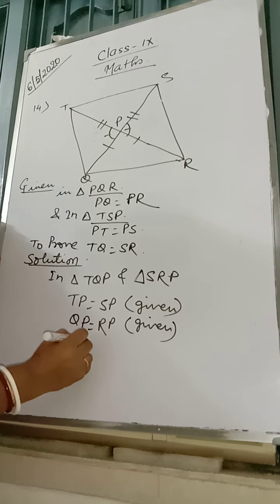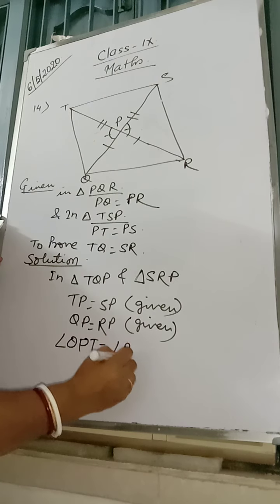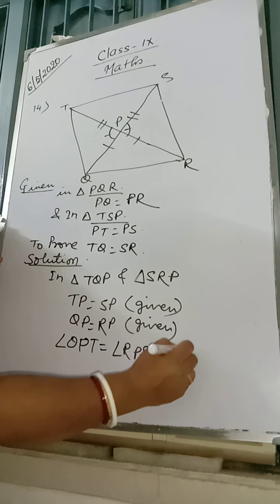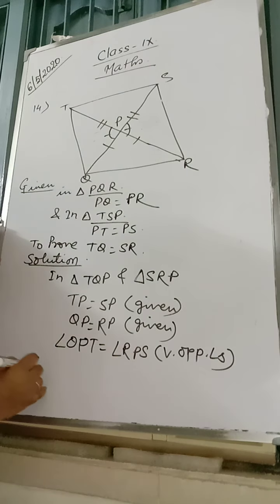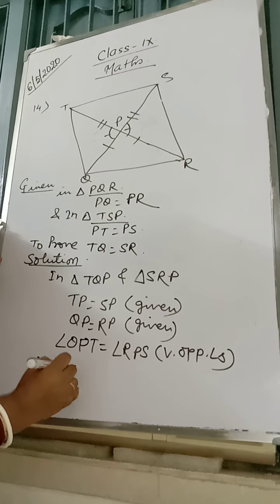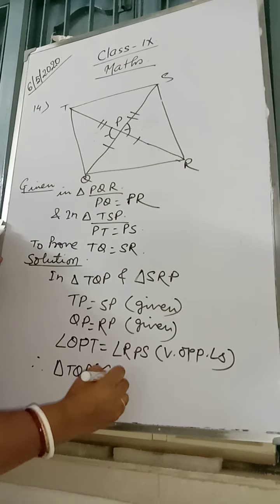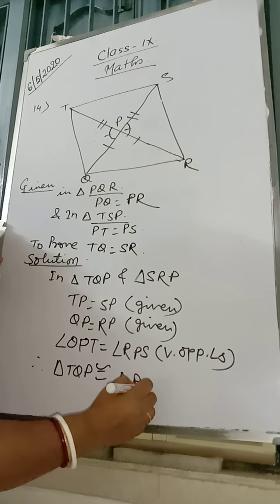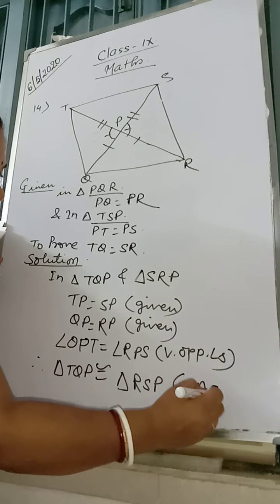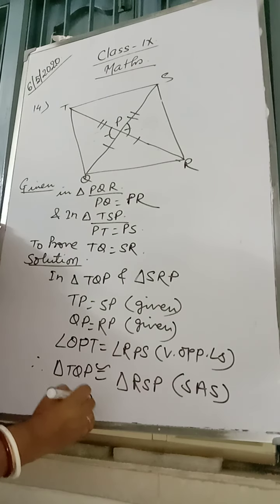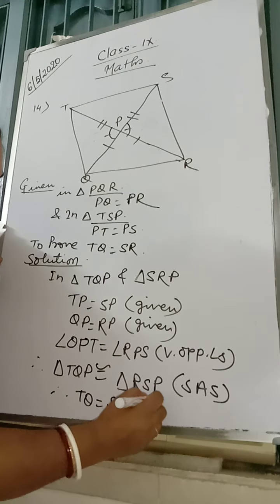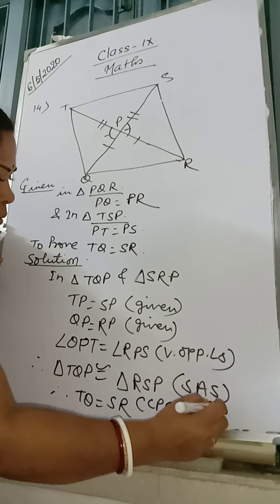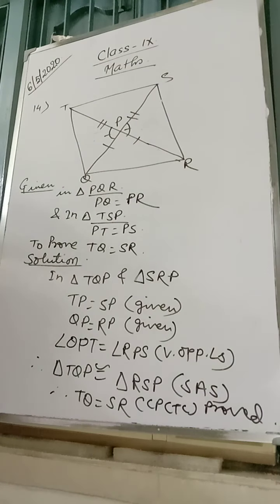Angle QPT is equal to angle RPS, vertically opposite angles. So triangle TQP is congruent to triangle RSP by SAS condition. So that's what, TQ is equal to SR, by CPCTC. Proved. It's done.